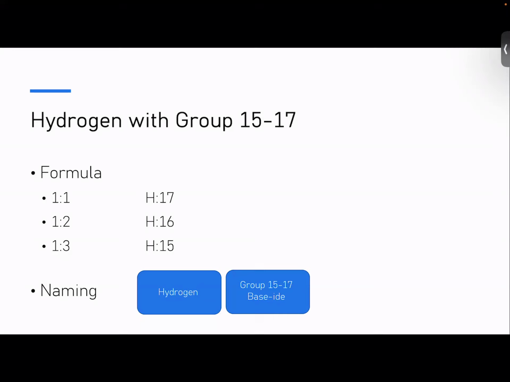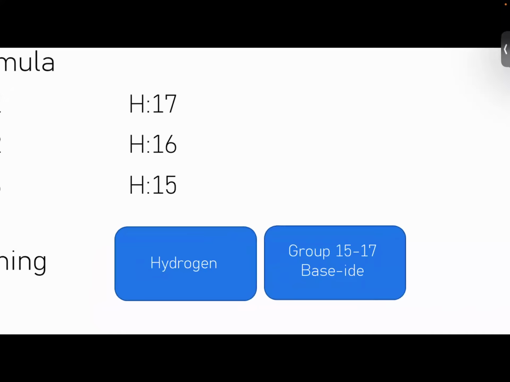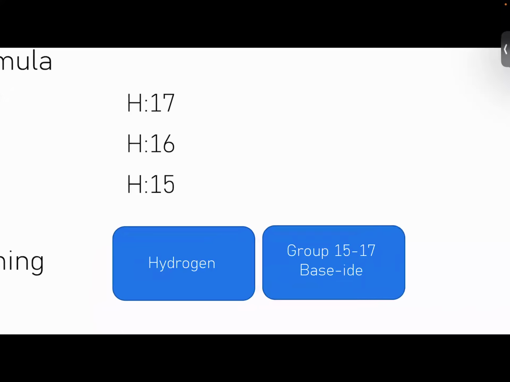Now, how do you name these molecules? Well, as we're going to talk about here in a minute, it does depend upon whether they're an acid or not. The ones I'm talking about right now are not an acid.